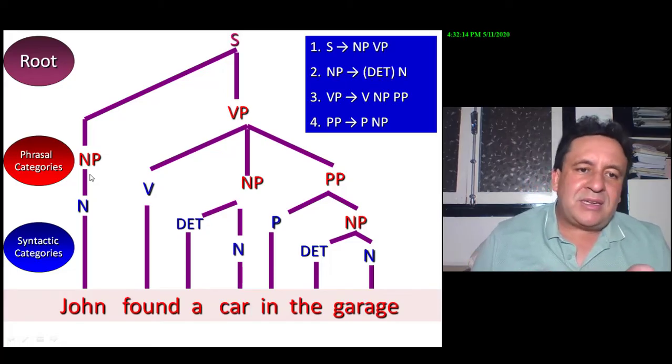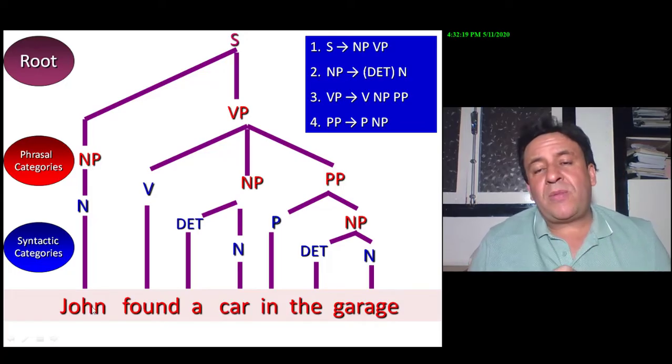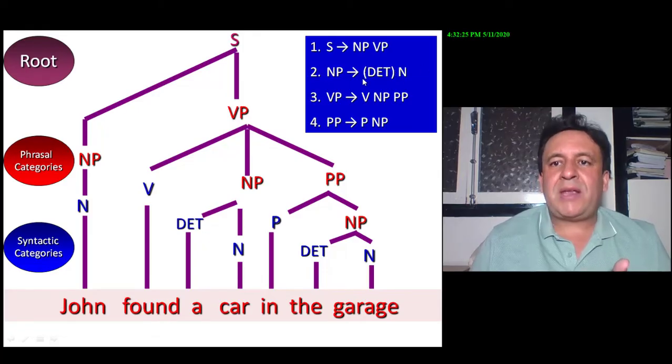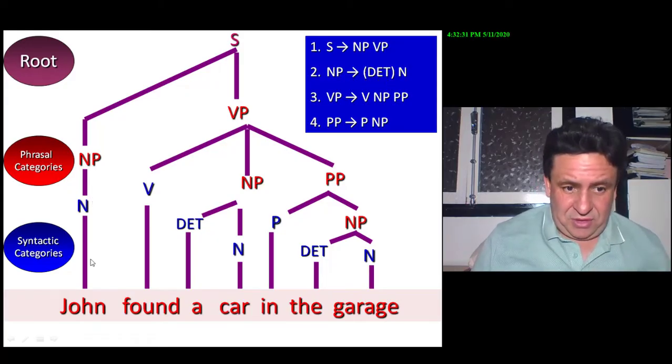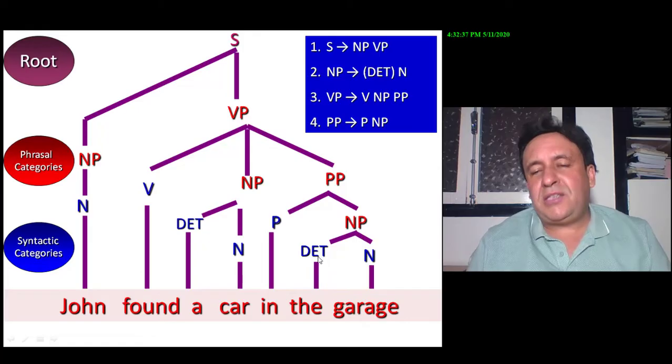This is what we witness in this noun phrase, which is John. It's a noun phrase on its own, but it doesn't go with any determiner. So we put the determiner between parentheses, just to have one rule that would account for those noun phrases having no determiner and those that have a determiner.